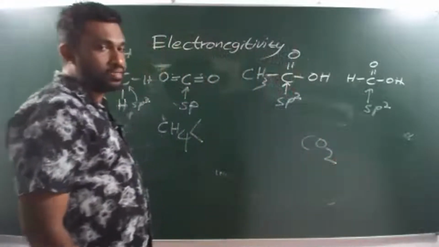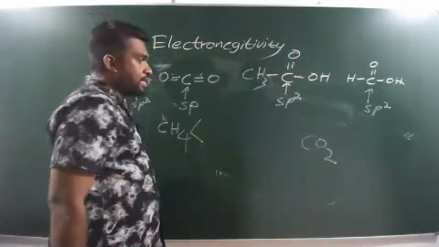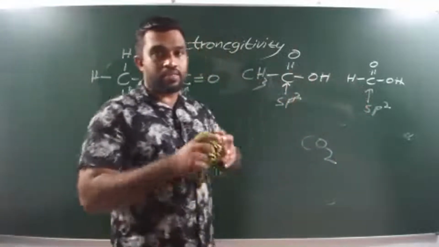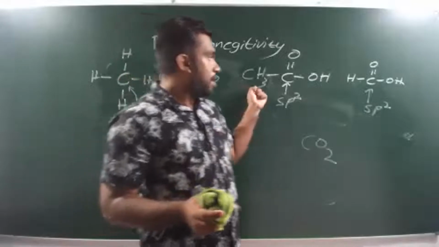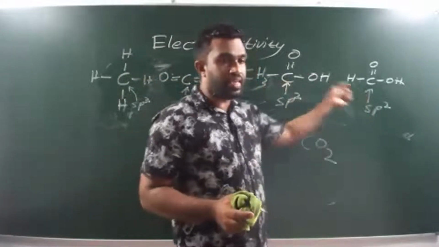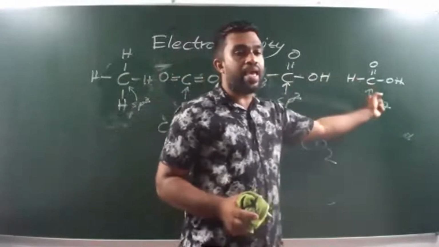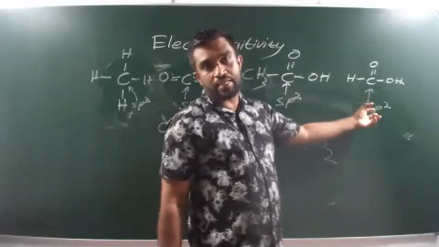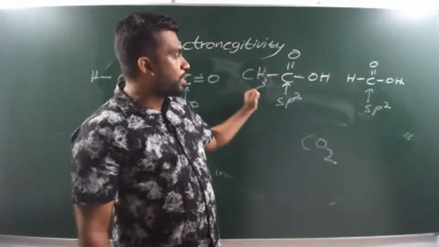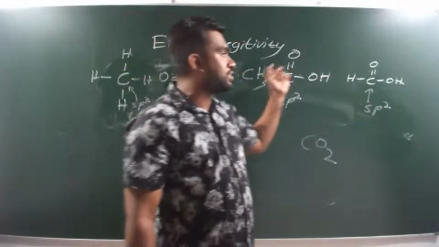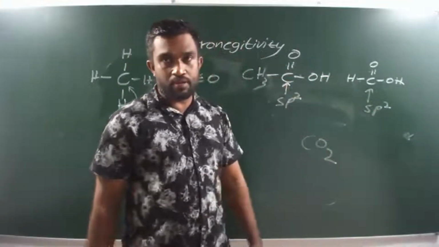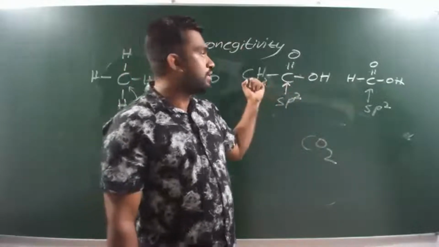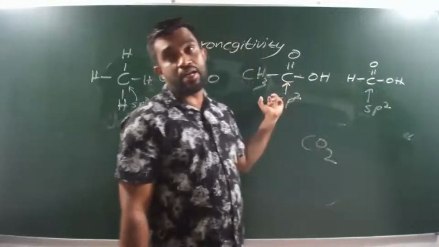Now you cannot separate acetic acid and formic acid. These two molecules have the same hybridization, so by looking at hybridization, you cannot determine which molecule has higher electronegativity.